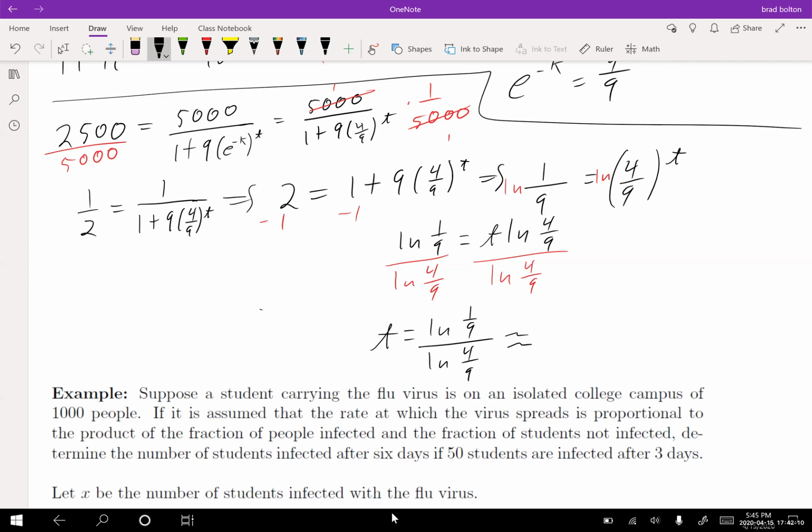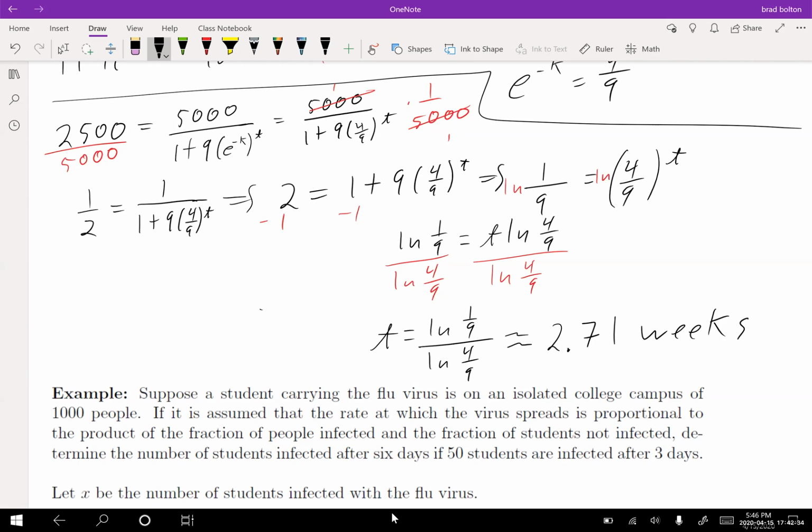Let's see here, the natural log of 1 divided by 9 divided by the natural log of 4 divided by 9. And I get 2.71 weeks. So in 2.71 weeks, almost 3 weeks, half of the population will have seen the advertisement.